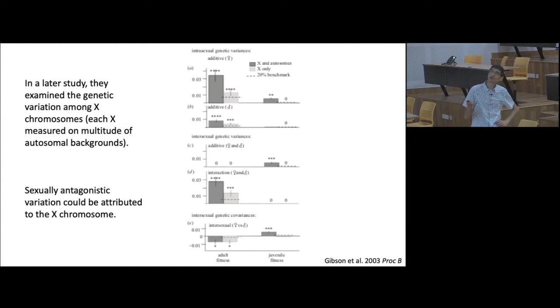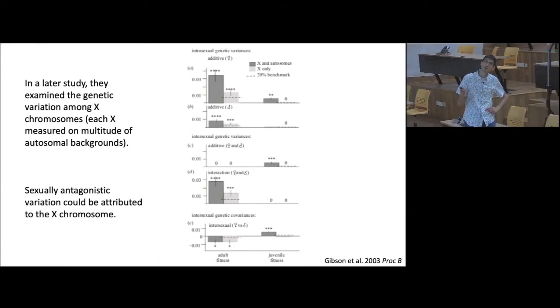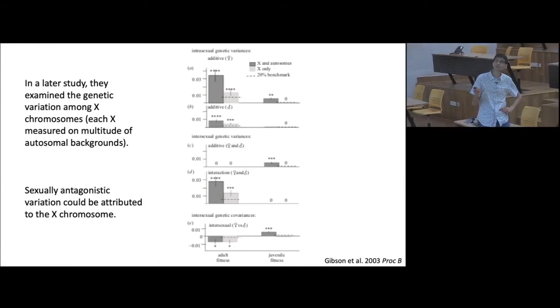First, this is the additive genetic variance in fitness for females and for males. You can see the contribution of the whole genome and just the X. But you can see the X only should be contributing about this much based on that 20%, and it's contributing more than that. This is the same kind of data for males.